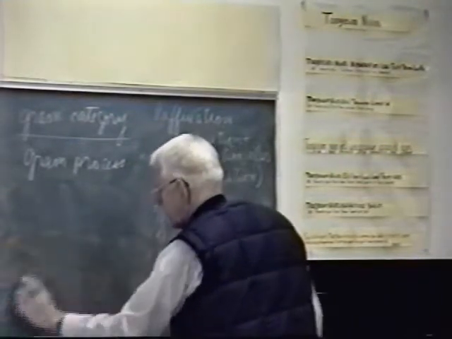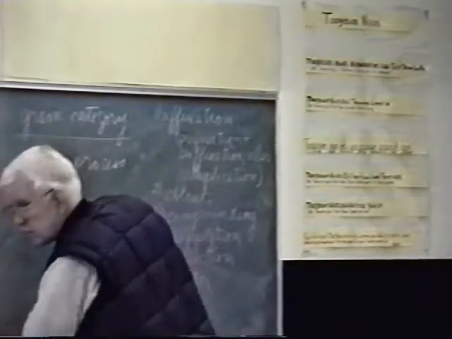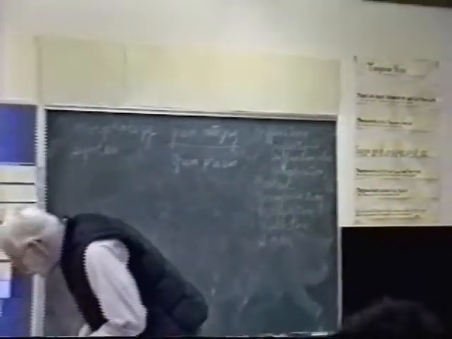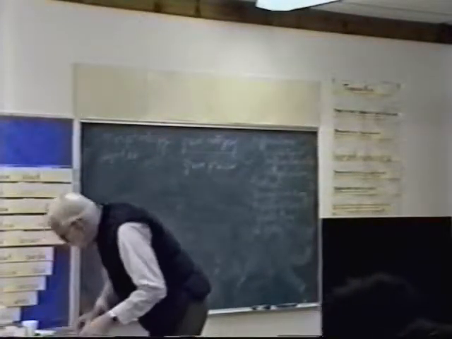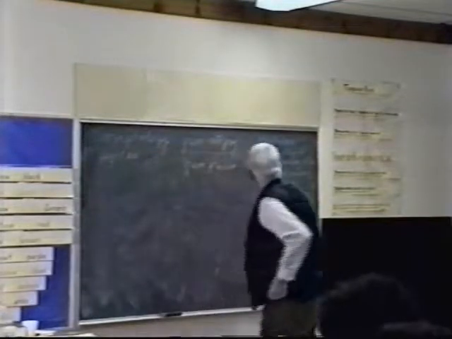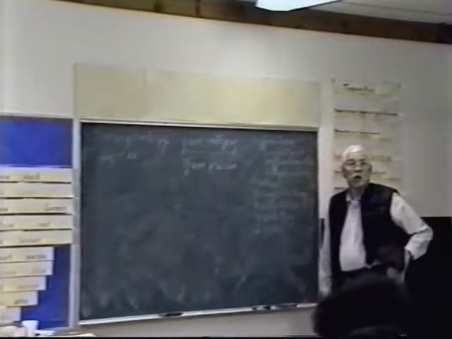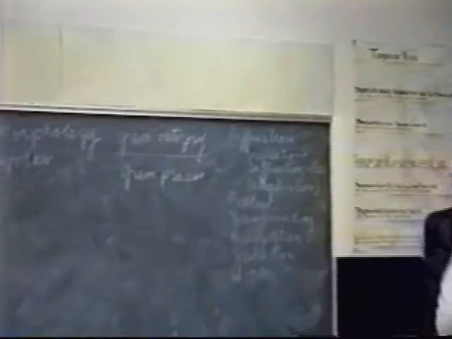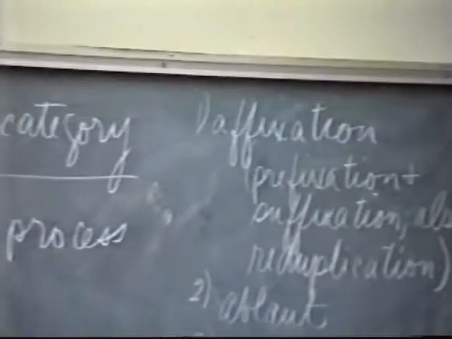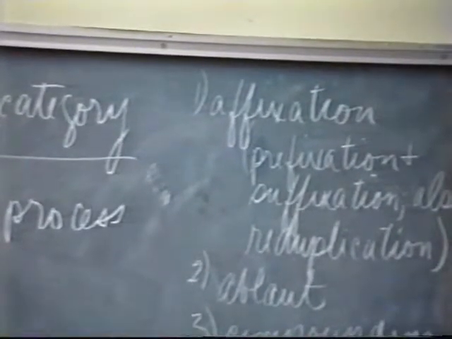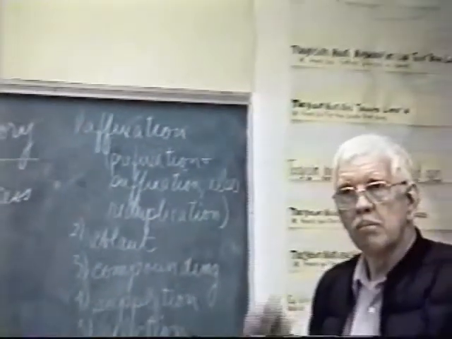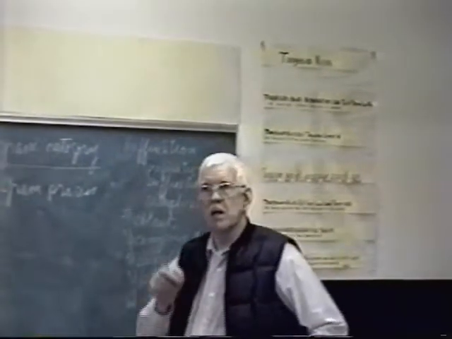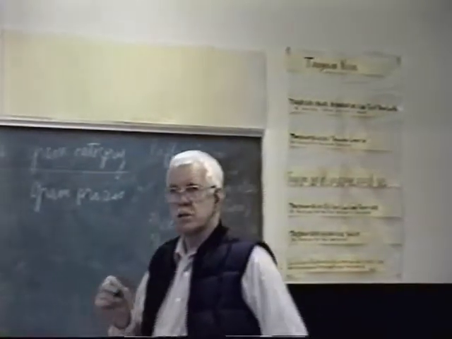Moving on to the next grammatical process, which is ablaut. Ablaut involves changing a vowel or changing a consonant or maybe changing both. It's not a really common process in Somalia, but it occurs quite frequently.